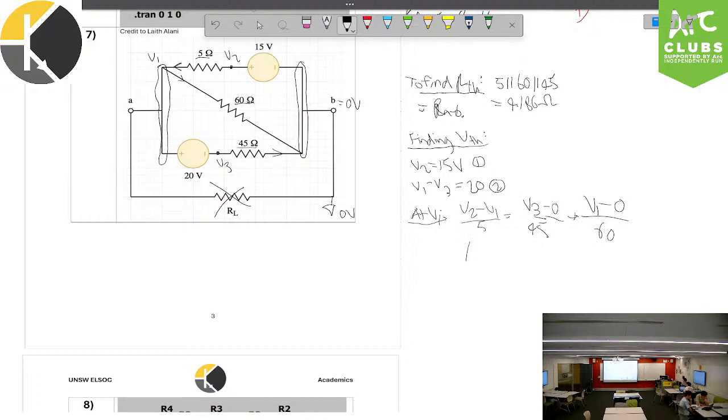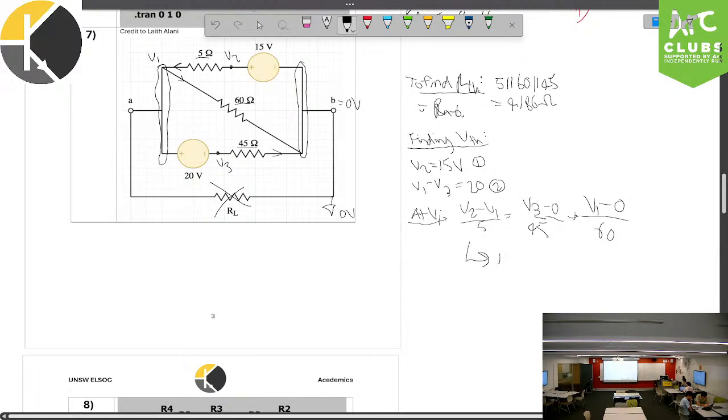Now if we clean this up a bit, moving all the voltages to one side and making it into a linear form, this equation simplifies to 1 on 5 V2 plus 1 on 45 V3 is equal to 0. And this is equation 3.